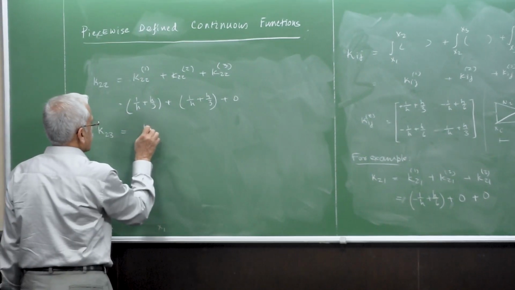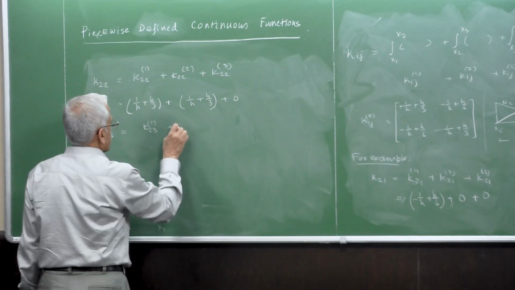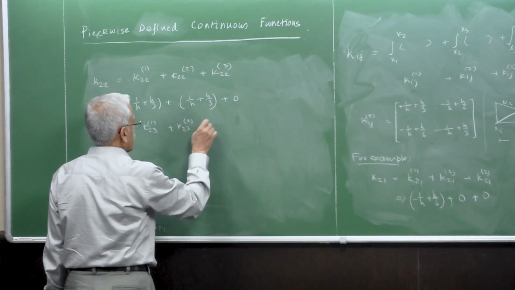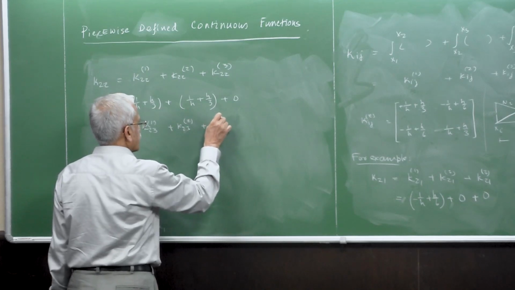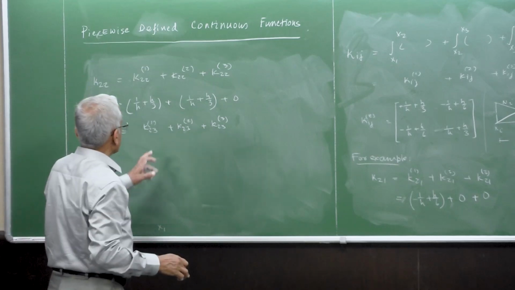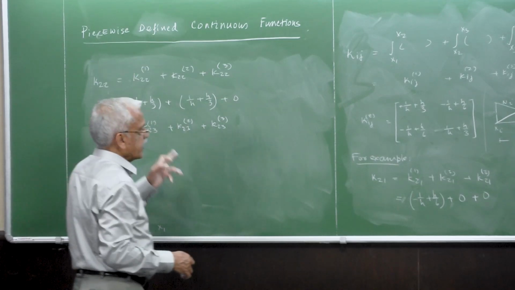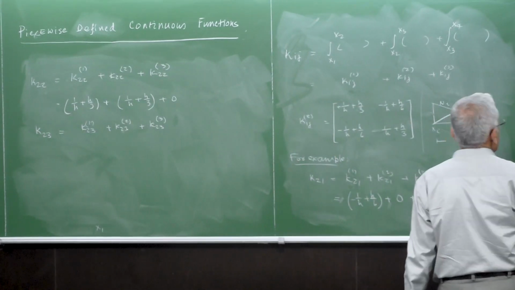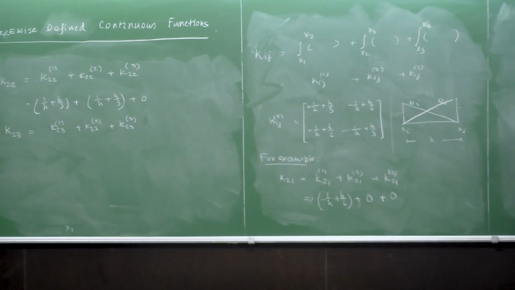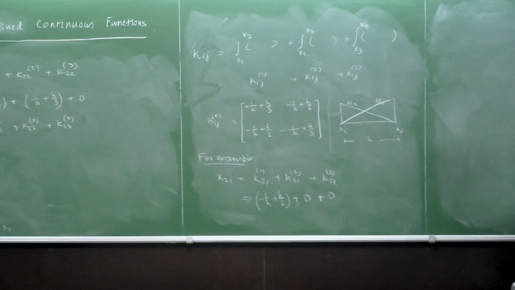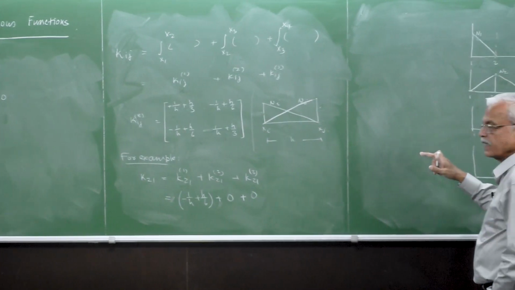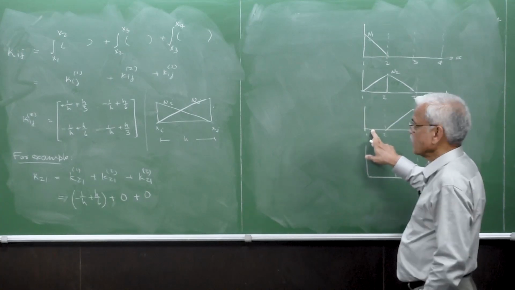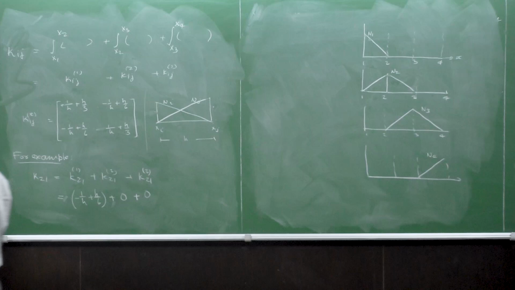So K23 coming from element 1, element 2, element 3. This involves N2 and N3 from element 1. So what do you think of element 1 for 2 and 3? In element 1, N2 is non-zero, but there is no N3, right? So this first contribution is 0.